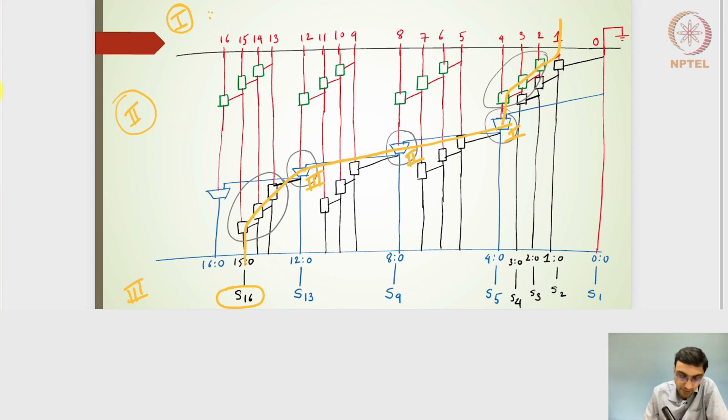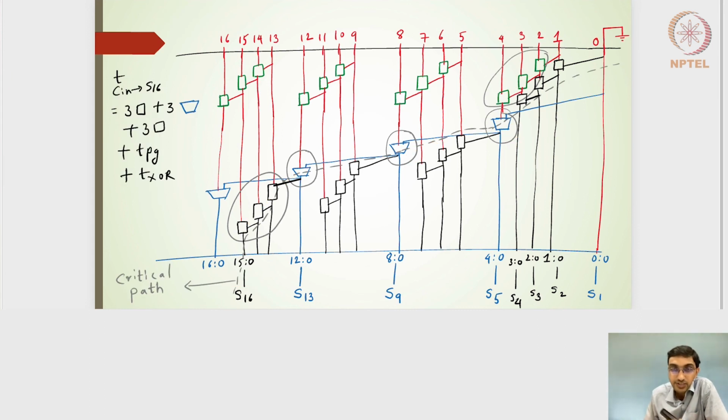So my critical path, which is going to give me the delay expression for this carry skip adder, starting from the C input or whenever the inputs are available to the S16 output, is nothing but the delay of these three boxes plus these three multiplexers, and then finally these three black boxes, right? And plus of course the XOR gate, and the PG delay in the first stage, the bitwise propagate and generate signals, right?